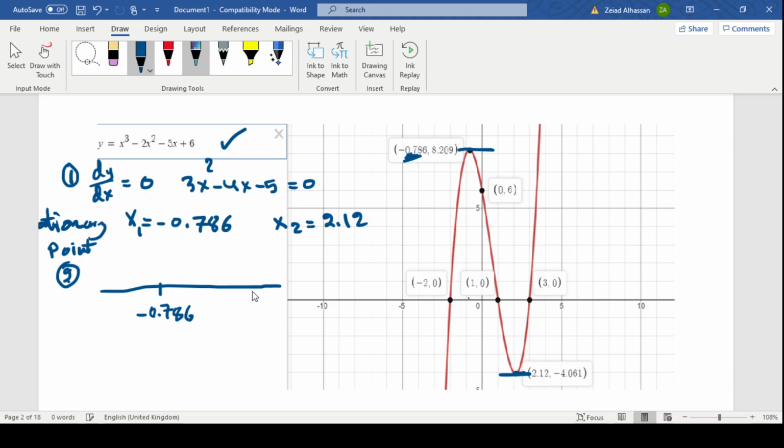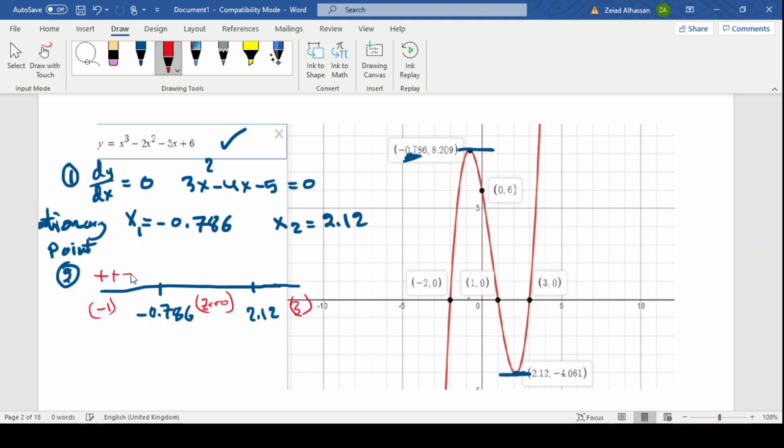Let's say I'll choose 3, I'll choose 0, I will choose negative 1, and let's do substitution in the differentiation. Why is that? Because we want to see the sign of the differentiation, is it positive or negative. So substituting negative 1 in the differentiation, we'll get a positive value, then for 0 negative, then positive.